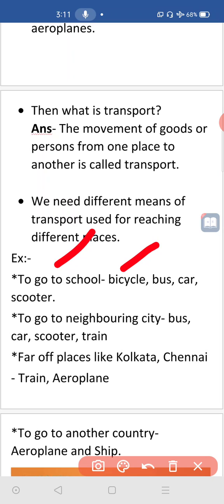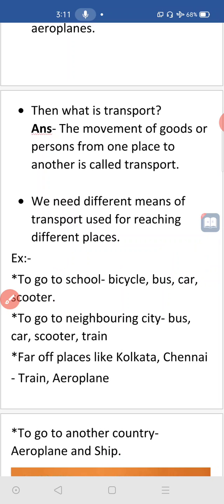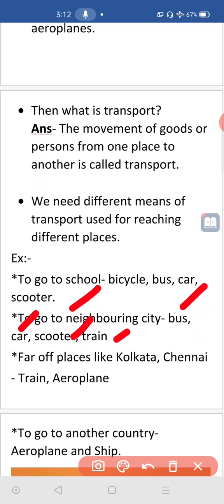By bicycle, by car or bus or scooter. Then to go to a neighboring city, for example Vasapete or Harapanahalli, can you go by cycle? Yes, it is possible, but it will take lots of time. That is why we use bus, car, scooter or train to go to a neighboring city.